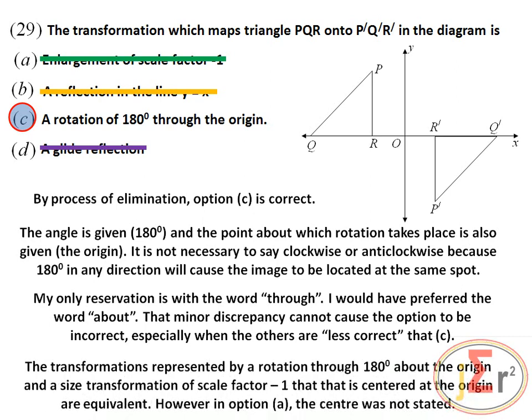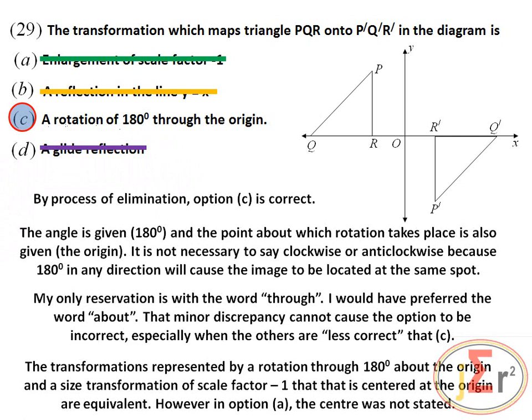The transformations represented by a rotation through 180 degrees about the origin and a size transformation of scale factor -1 that is centered at the origin are equivalent. So if we use an enlargement of scale factor -1 and had it centered at the origin, it would give us the same result as a rotation of 180 degrees about the origin.